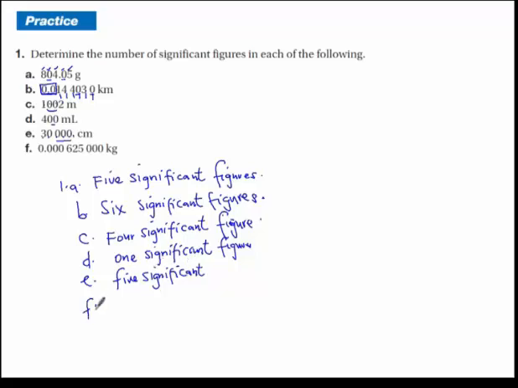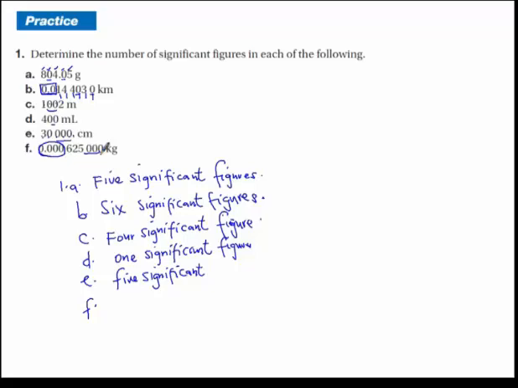F, these first zeros are insignificant, and the last ones are regarded as significant.